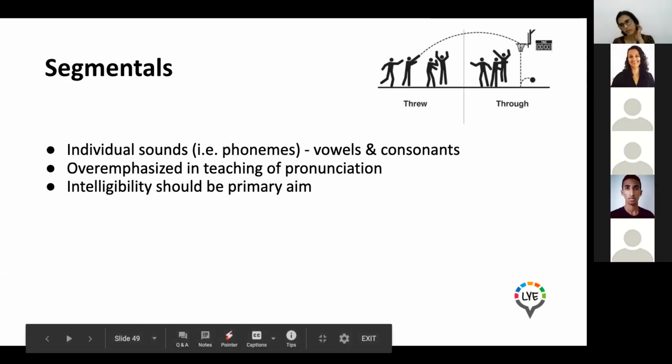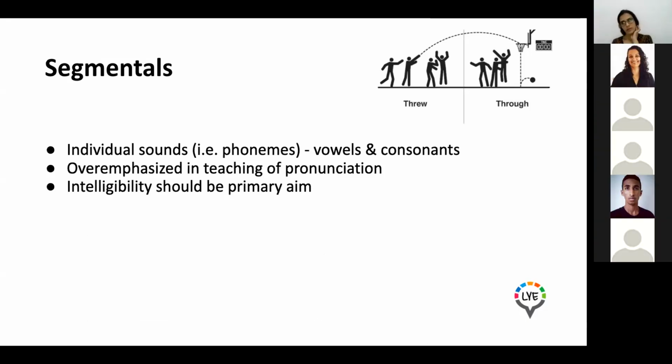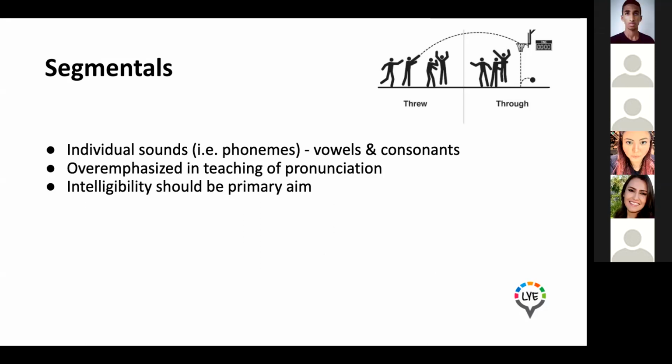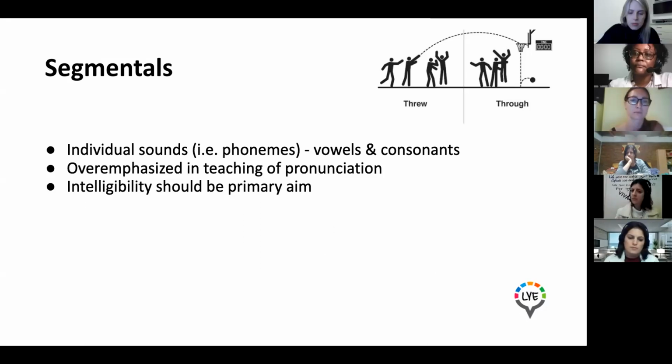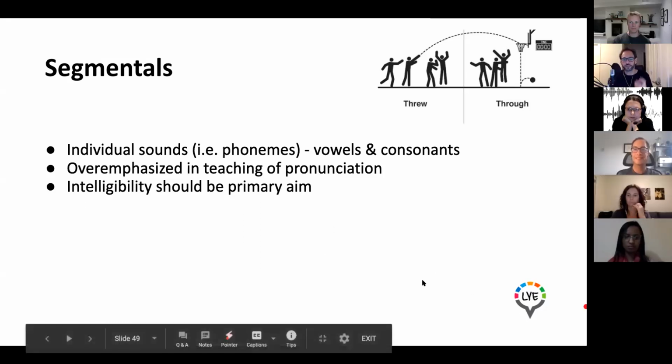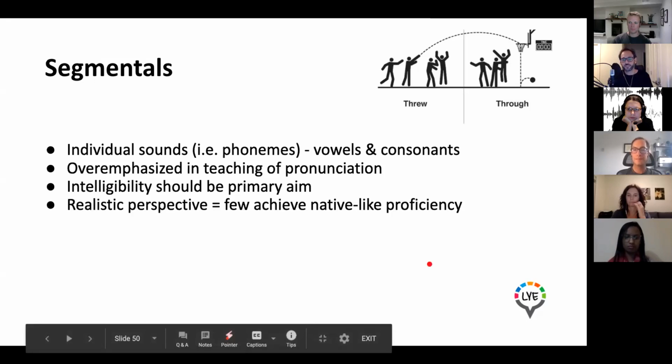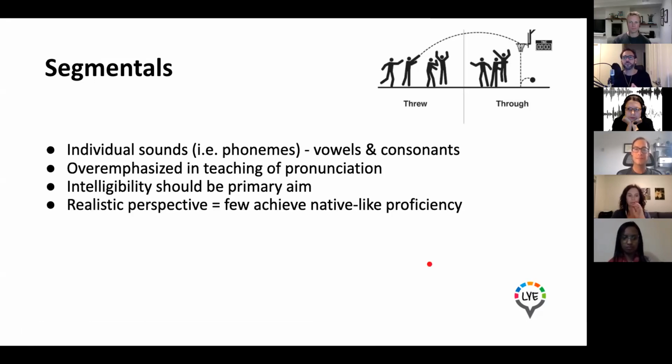Again, I'm not saying that segmentals are not important, but intelligibility should be the primary aim. If a student says, oh, I forgot to get the sheet of paper or the sheet of paper, I think the context will help them. We don't believe that this is actually something really important. But with segmentals, there's something that we need to remember: we need to think about the kind of expectations that we're generating in our students.